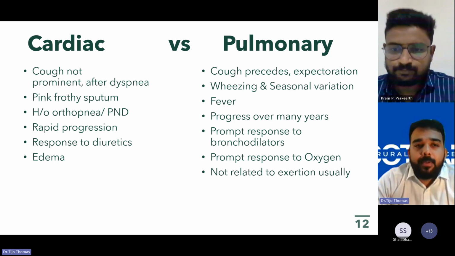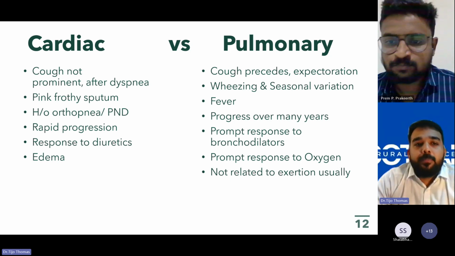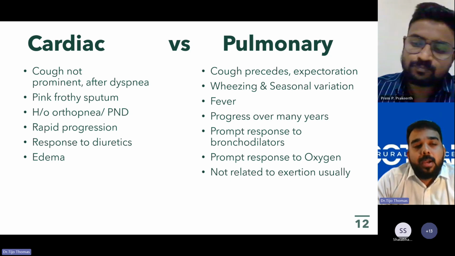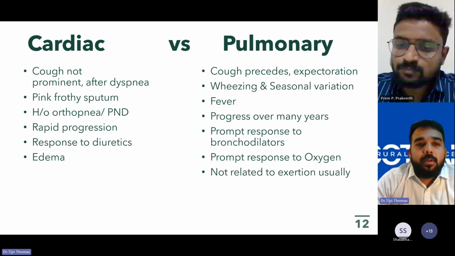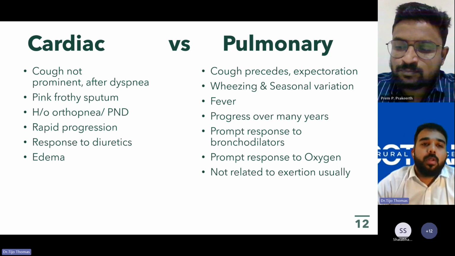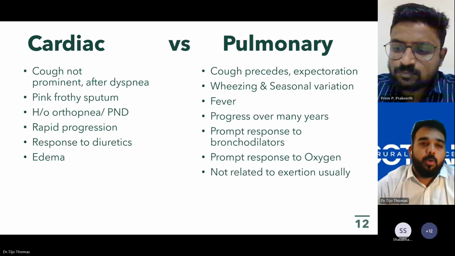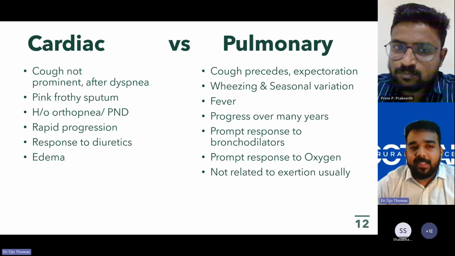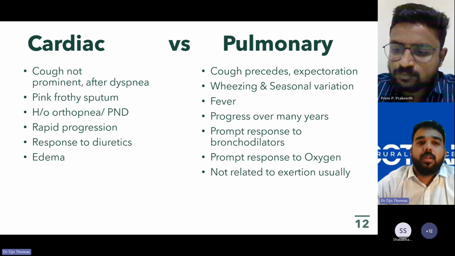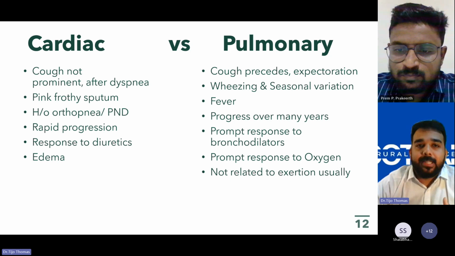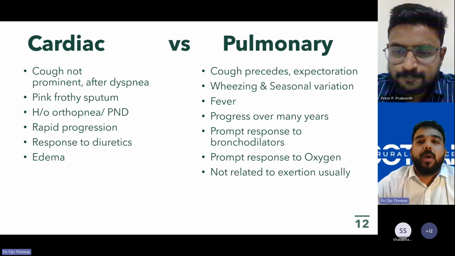Whereas in cardiac conditions, there may not be a fever, and progression is rapid. Cardiac conditions classically will have another pointer, which is orthopnea or PND. Orthopnea is basically breathlessness while lying down, and patients with PND will give a classic history of feeling breathless and getting up from sleep after 2-3 hours of sleep.